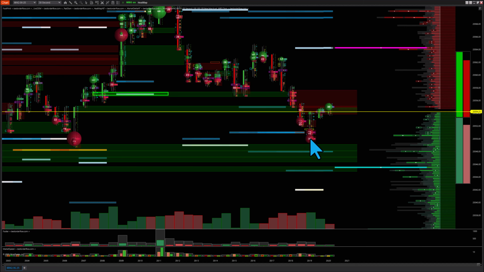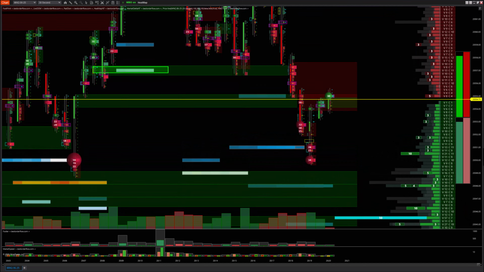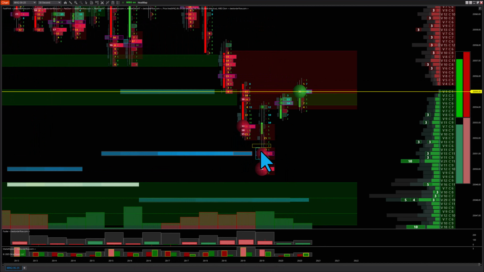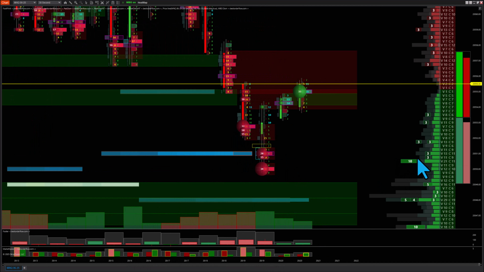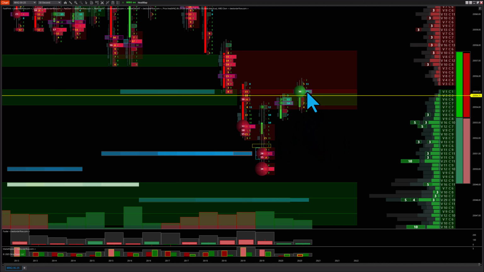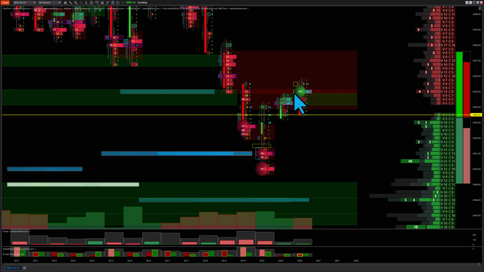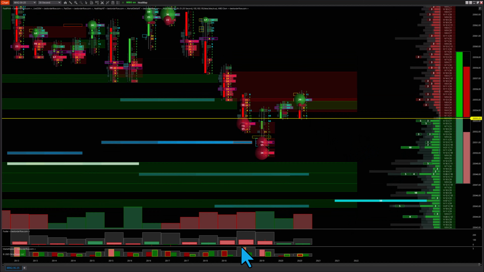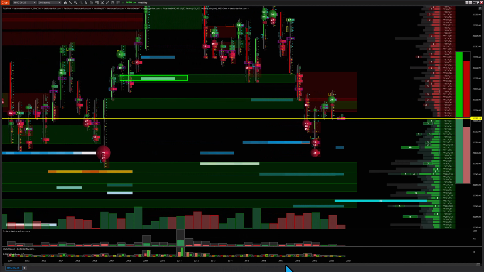That was absorption, right? Was it absorption? Yeah, that was absorption. So the price is absorbed here by the buyers on the passive side. And here we go. Now, first green bubble on the market side. And we'll see what's going to happen.